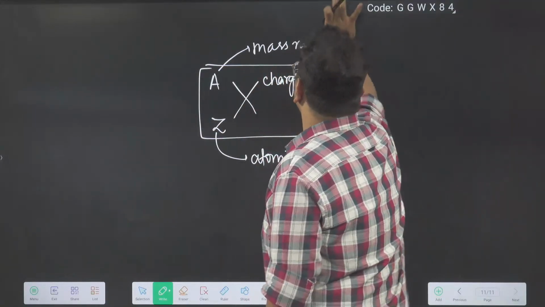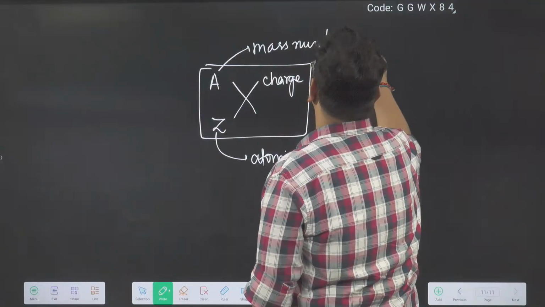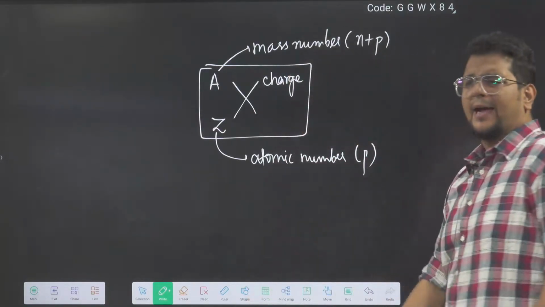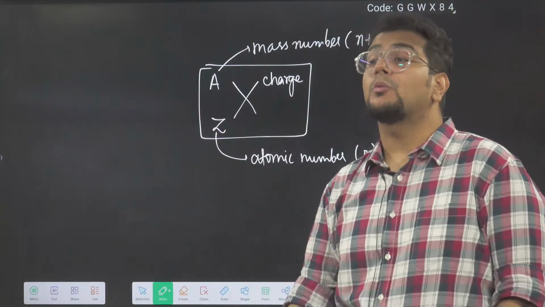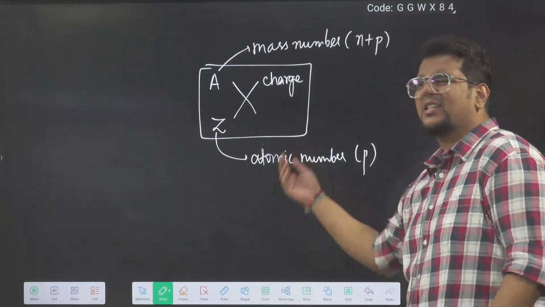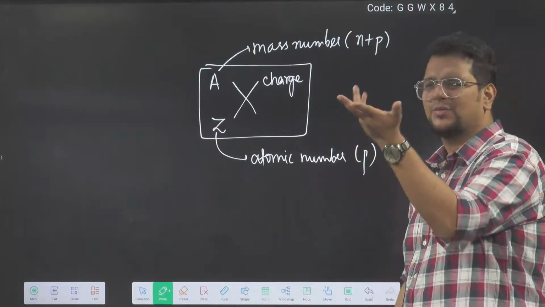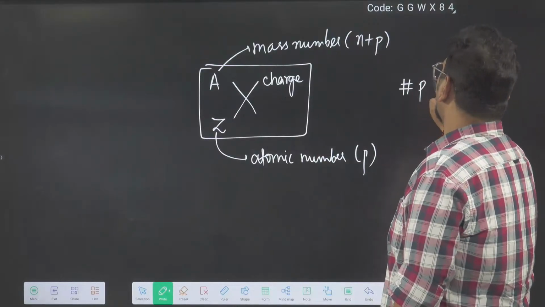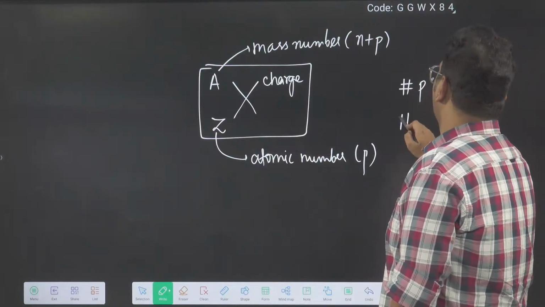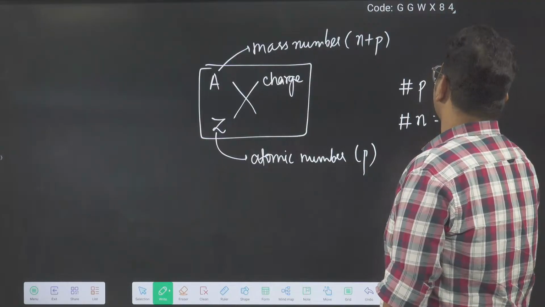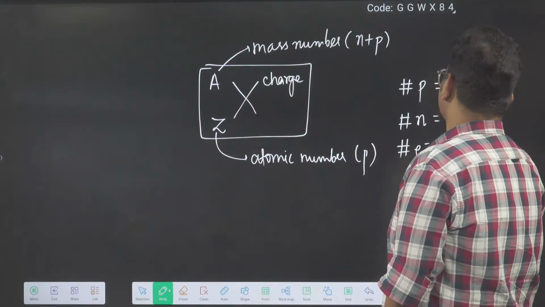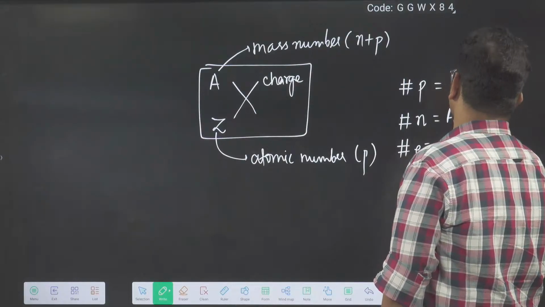Mass number is neutrons plus protons. Atomic number is only protons. The charge can be +2, -2, +1, -1, etc. So if someone asks you the number of protons, it is Z. The number of neutrons is A minus Z, and the number of electrons will be Z minus charge.